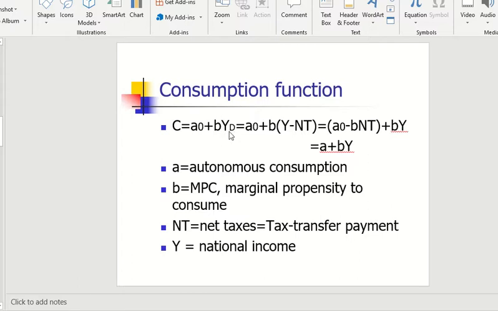So to generalize our analysis, let's transform this consumption function into a function of a more general measure of income. For example, national income. Okay?